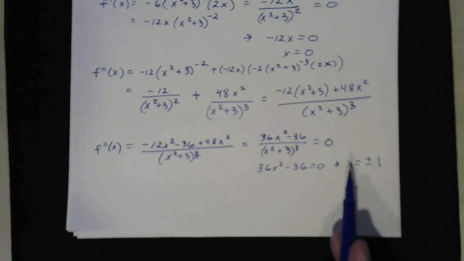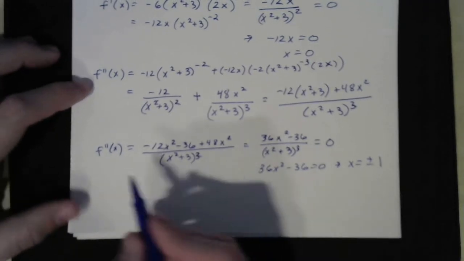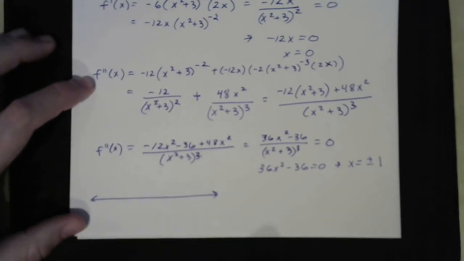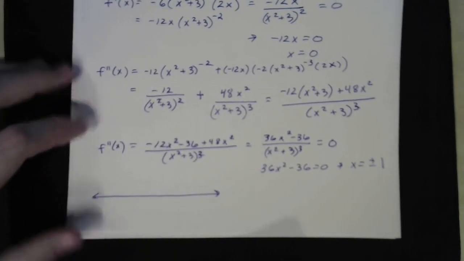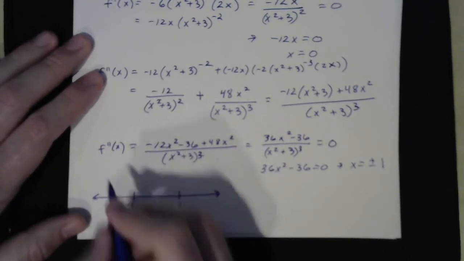And what we need to do is test our domain outside of this. So we set up intervals very similar to what we did for our first derivative test at -1 and 1. And we need to pick.